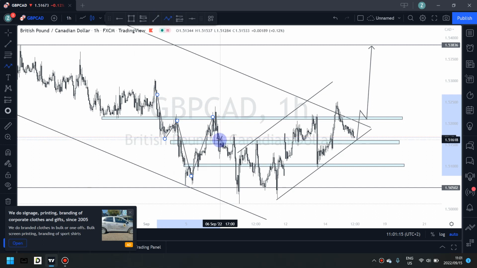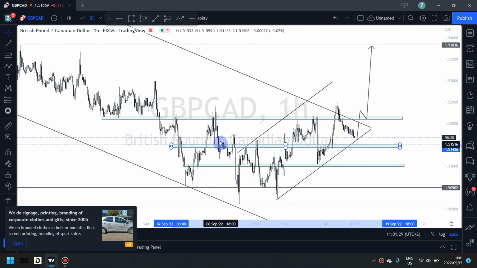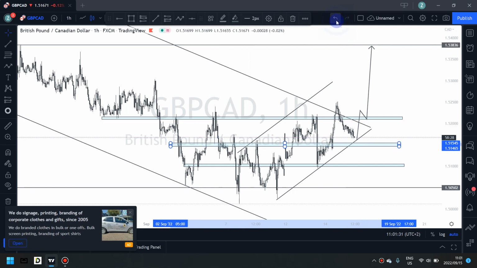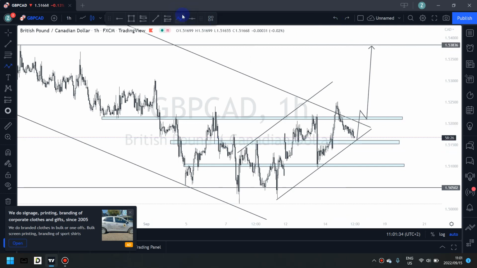And I think I bought here to capture that upward move till this key level, and sadly the market just broke down, retested, and went down to trigger my stop loss.